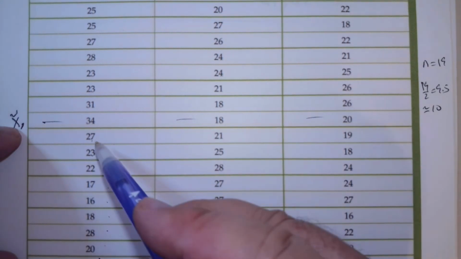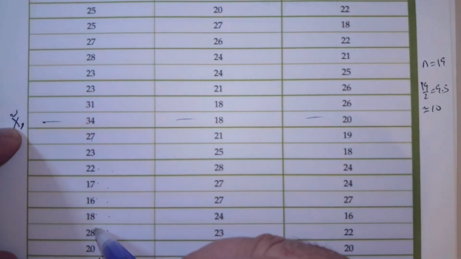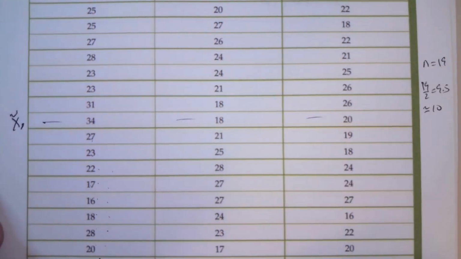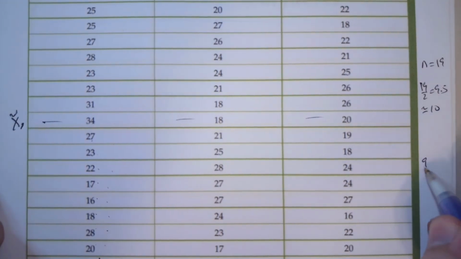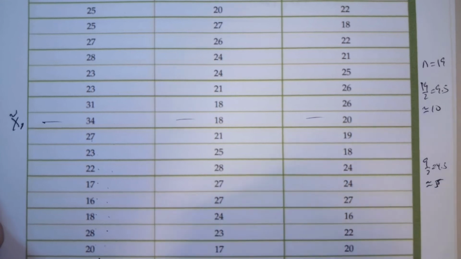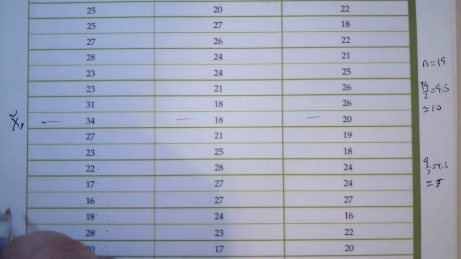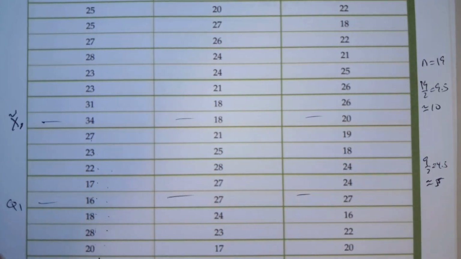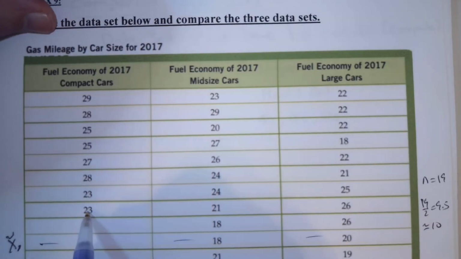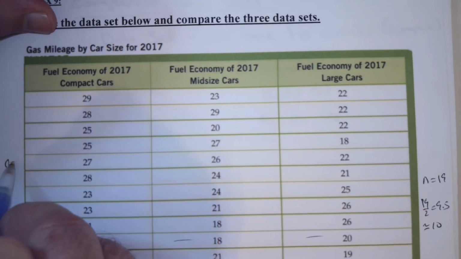That means now there's 9 numbers on top and 9 numbers on the bottom. 9 divided by 2 is 4.5, which is 5. 1, 2, 3, 4, 5. This is Q1. 1, 2, 3, 4, 5. This is Q3.